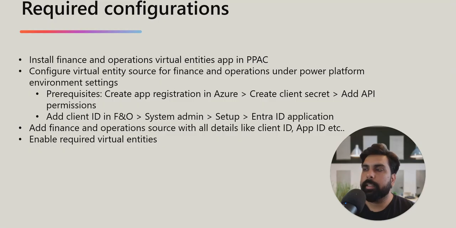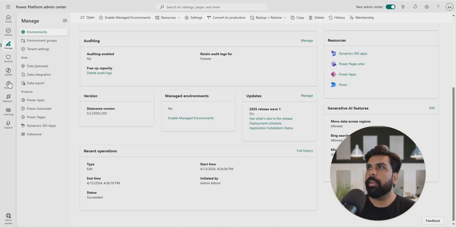Once that is done, then you need to enable your virtual entities, because there can be many virtual entities available in Power Platform. Whatever is required, let's say if I want to query customer data, vendor data, inventory data, I need to enable those virtual entities to connect with that data source. So these are the key configurations which we need to do. Now let's dive into this and see how we can configure each of them.